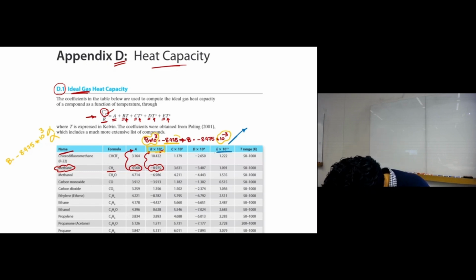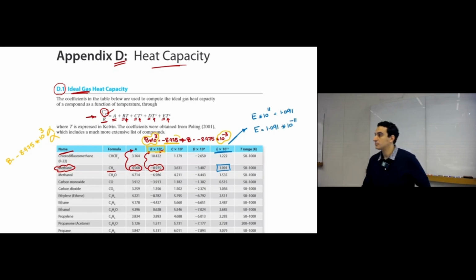So here we have E times 10 to the power 11, and for methane it equals 1.091. So again, parameter E will be 1.091 times 10 to the power negative 11.